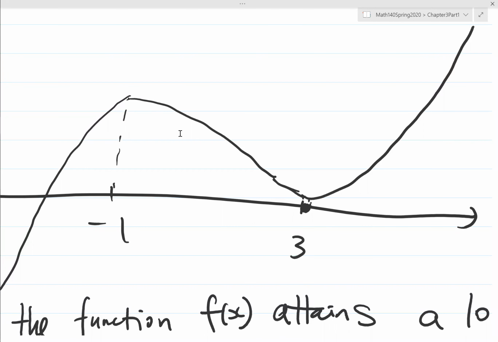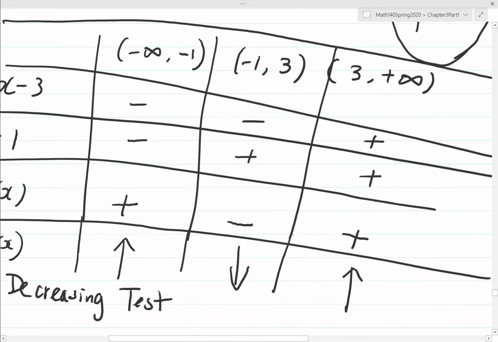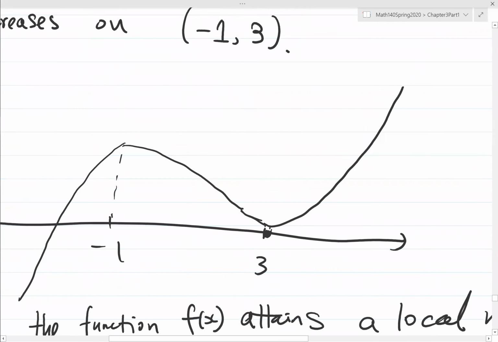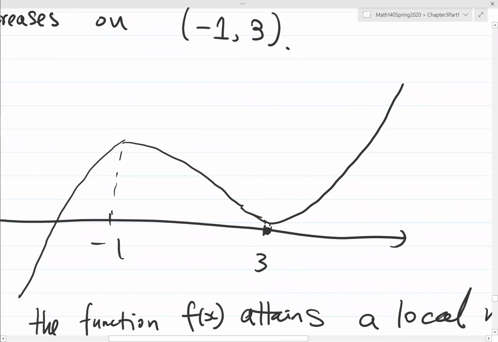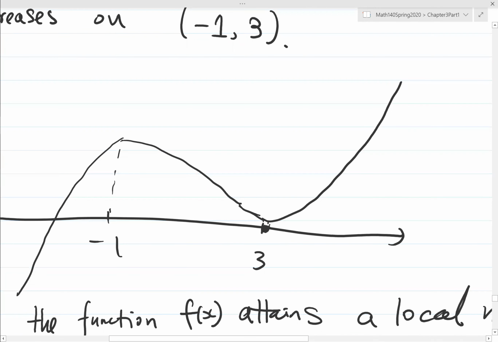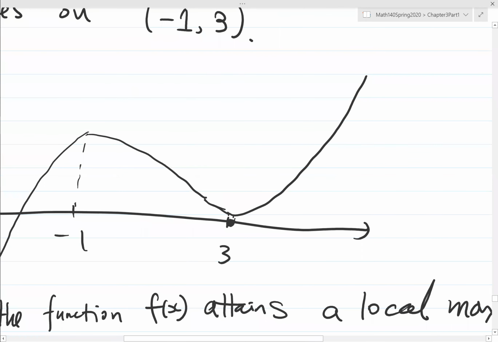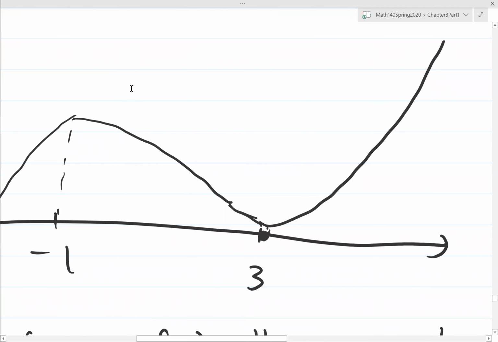So we get a condition for when we achieve a local maximum, i.e., if the derivative changes from positive to negative, then we know the function attains a local maximum. Okay.